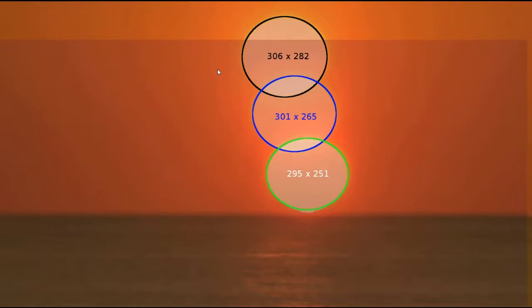But basically, just to show that, I traced circles around the edge of the sun in these three snapshots, and as it got lower towards the horizon, we can see that it went from the top one showing 306 by 282 pixels down to 301 by 265 pixels, and then the yellow one at the bottom, 295 by 251 pixels.